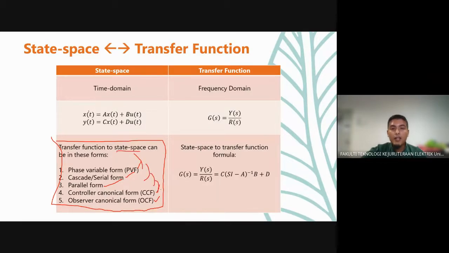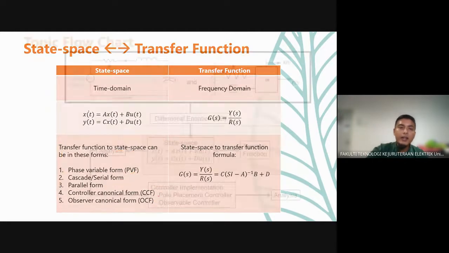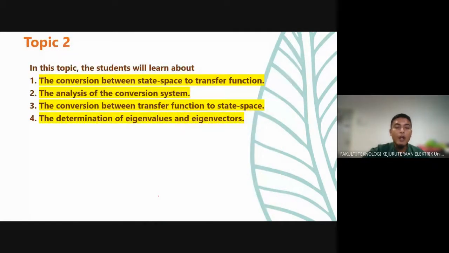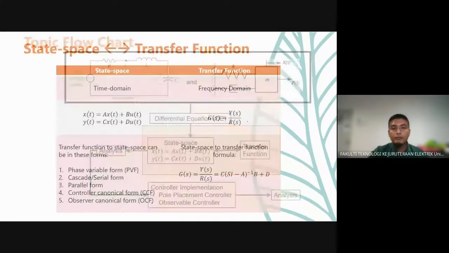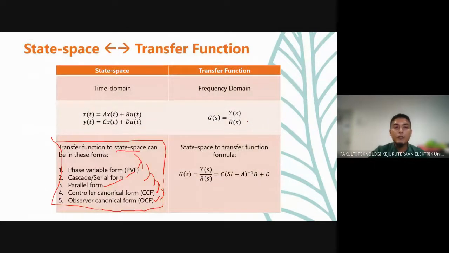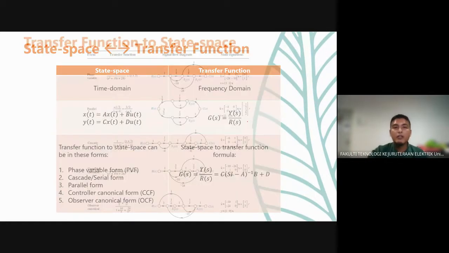That's our target. Also our target today is how to determine the eigenvalues and eigenvectors of the system. There are two: firstly, how to convert state space to these 5 different forms, and also how to determine the eigenvalues and eigenvectors of the system.